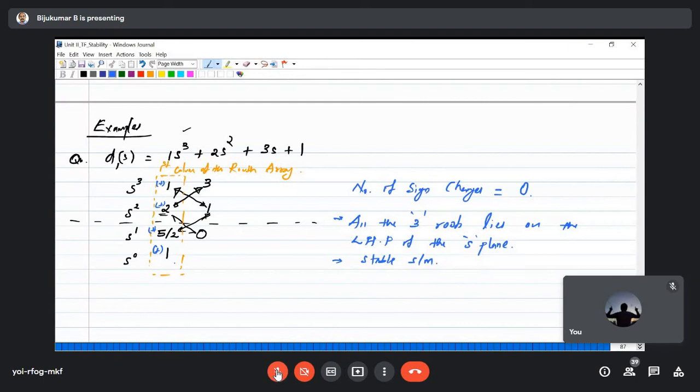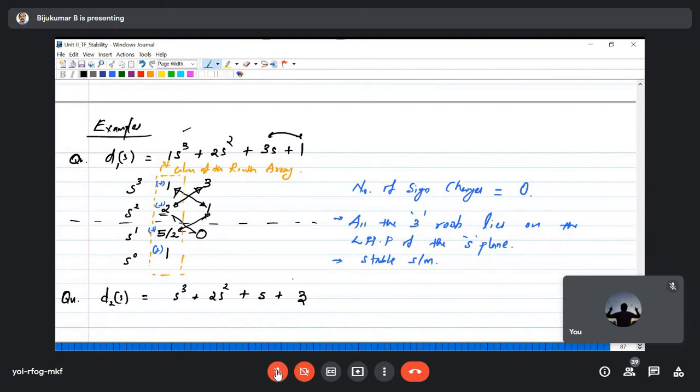right? Yeah. Now we will consider the second polynomial, that is D2 of S. What is the polynomial? Just swap these values, right? So it is s cube plus 2s square plus s plus 3, right?